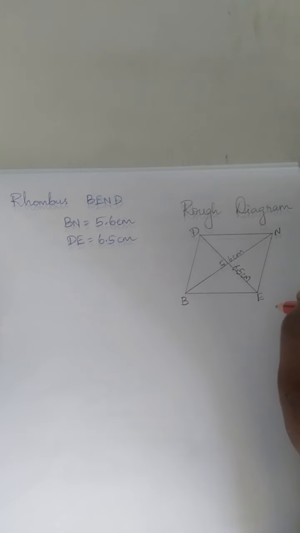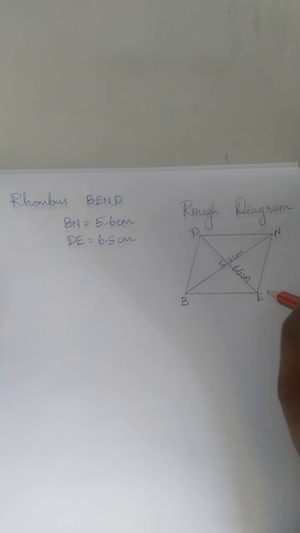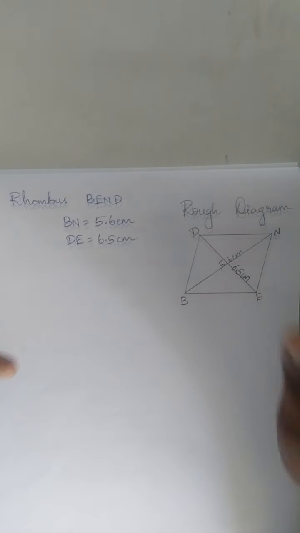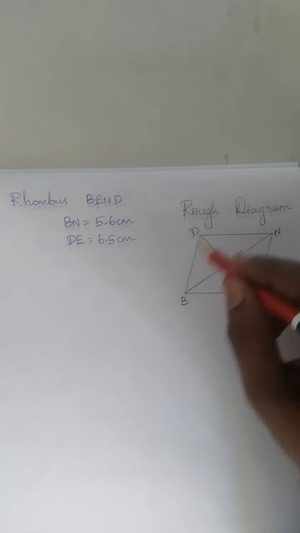And we know about the properties of rhombus, that is properties of parallelogram, and particularly about rhombus, the diagonals are perpendicular bisectors. In a rhombus, the diagonals DE and BN are perpendicular bisectors. By applying that property only, we are going to construct this rhombus. So now here there are 2 diagonals.